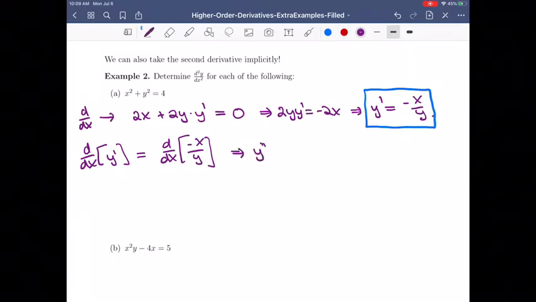Notice for the second derivative, I actually don't have to really solve for the second derivative, but I do need to simplify. Now I'm going to have to use the quotient rule. The derivative of the top is negative 1 times y minus the derivative of the bottom, which is y prime, times the top, and then it's all over the bottom squared.